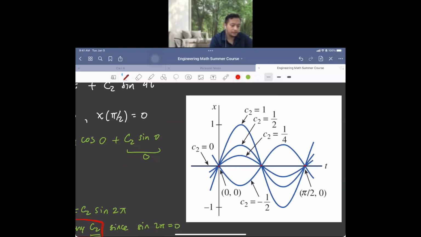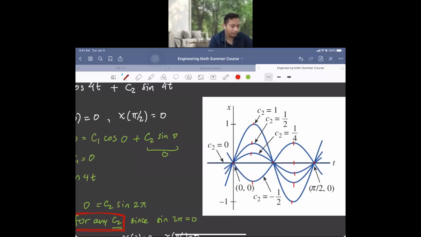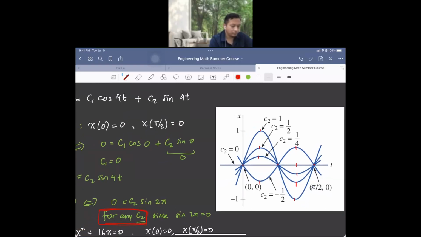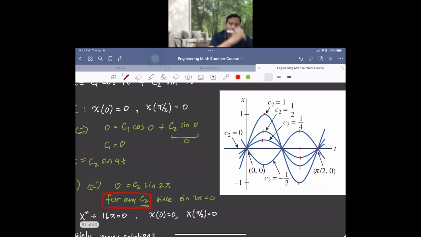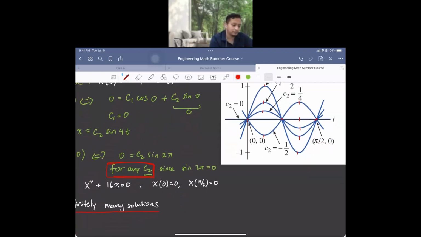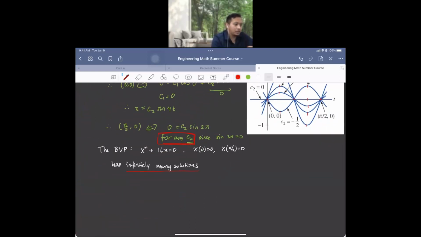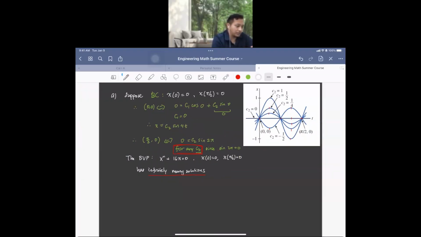The difference is just the amplitude. Even when c2 is negative, it can also be a solution because they have 0 and then pi/2 here. They always cross the t-axis. So it's infinitely many solutions. That's the first case.